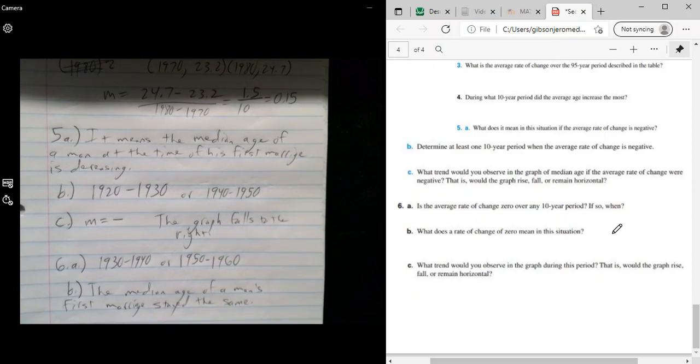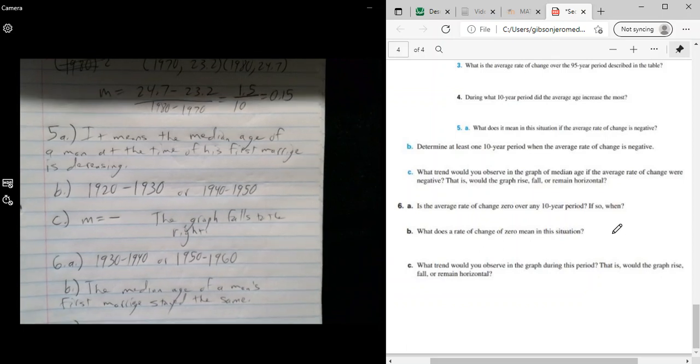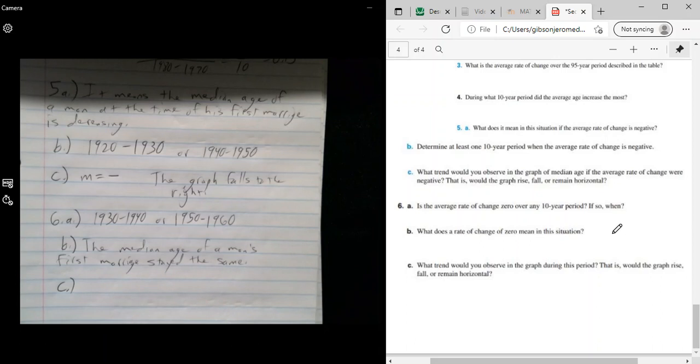That's all it means, that it stayed the same. Or if you want to use another term, you could just say it stayed constant.